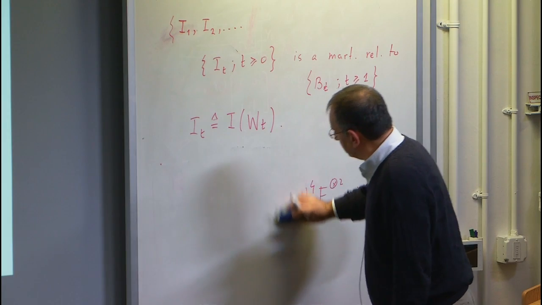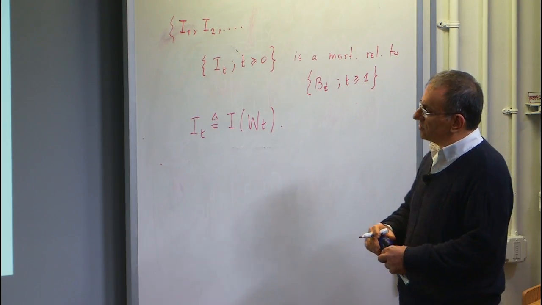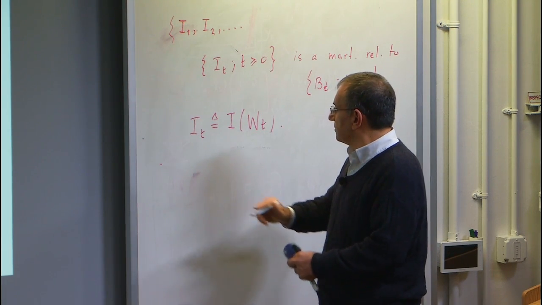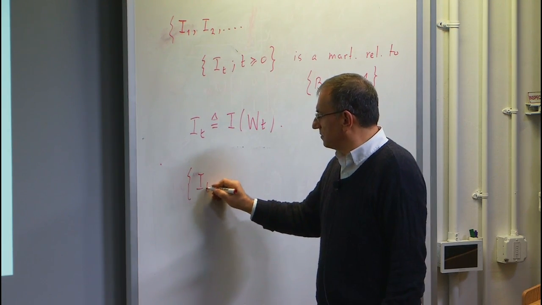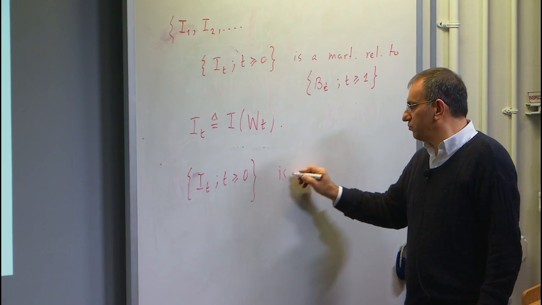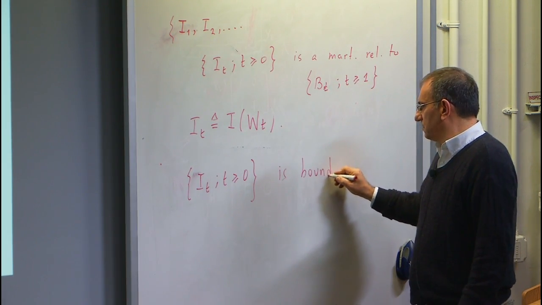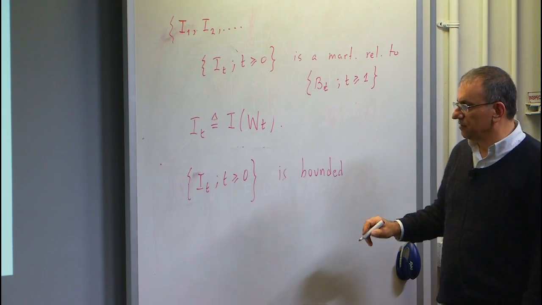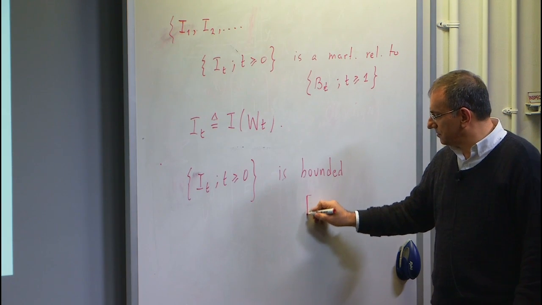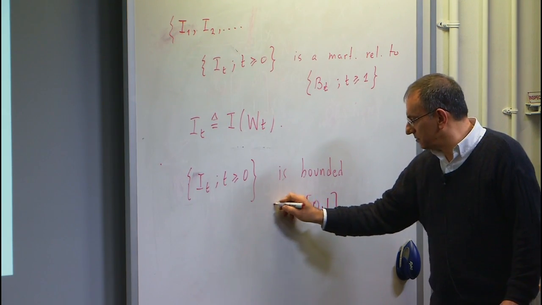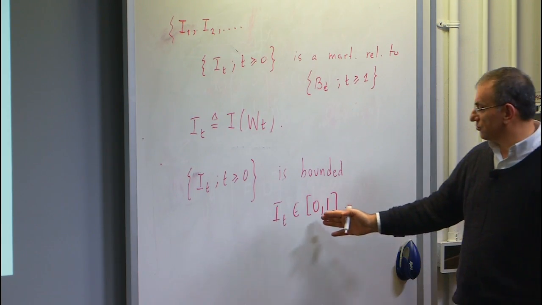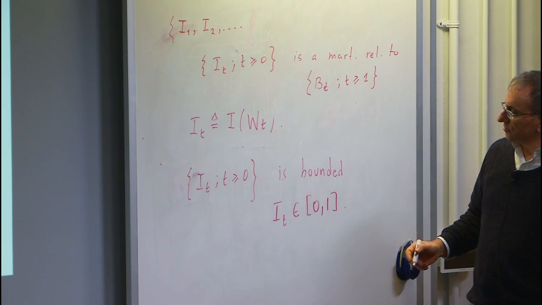So this process here, I_t, the process I_t is bounded. All the values are in the interval 0 to 1.